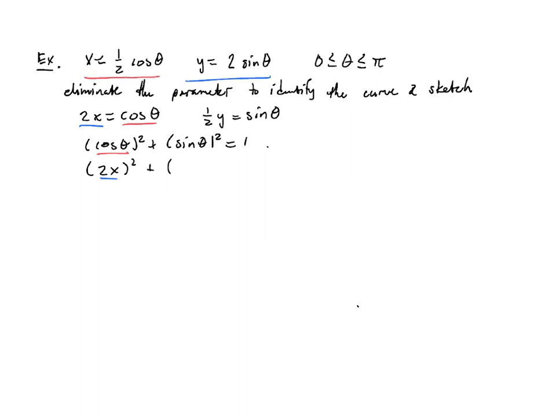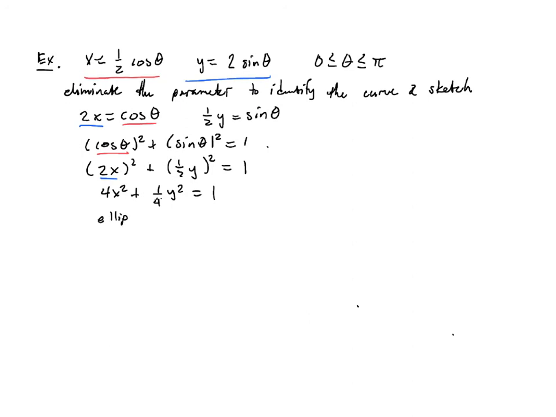I add to that what I get substituting 1/2 y in for sine theta, and that is equal to 1 because of my equation. So this simplifies to 4x squared plus 1/4 y squared, that's a 4 down there, equals 1. And from our previous video, ideally we recognize this as the graph of an ellipse.